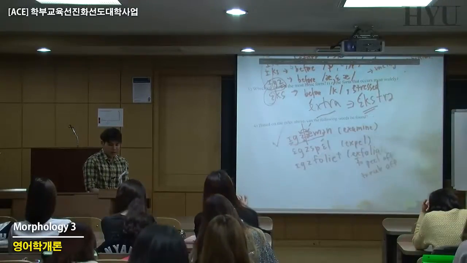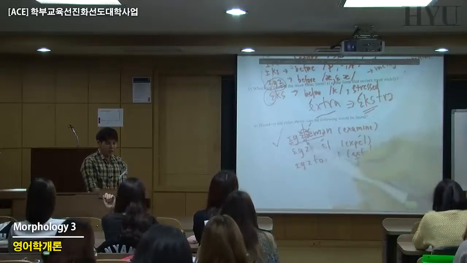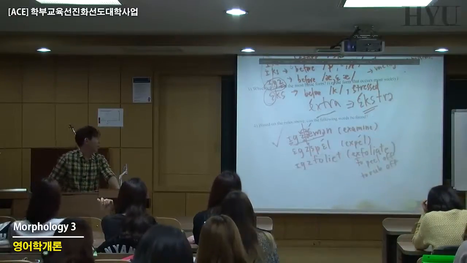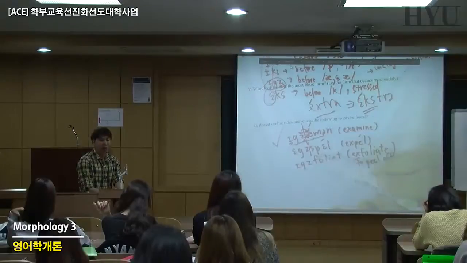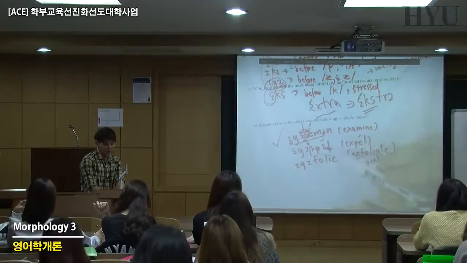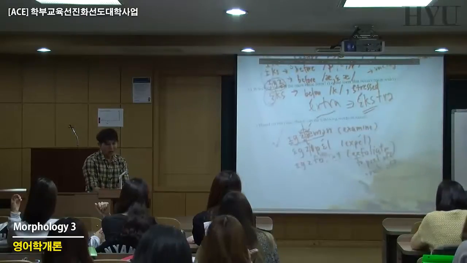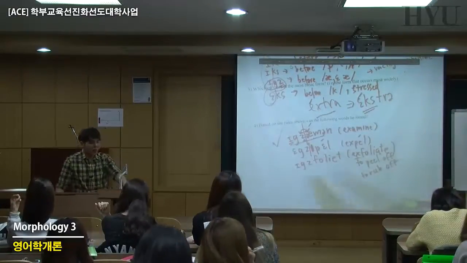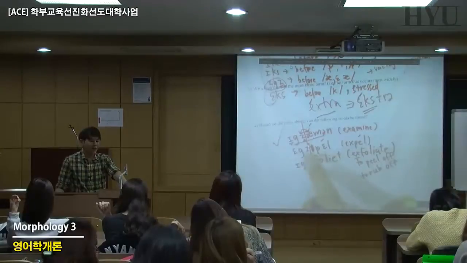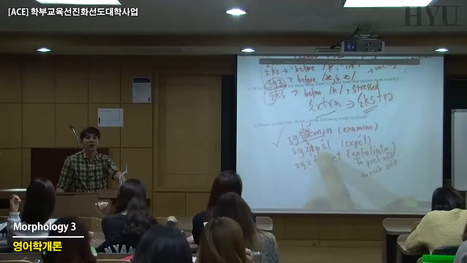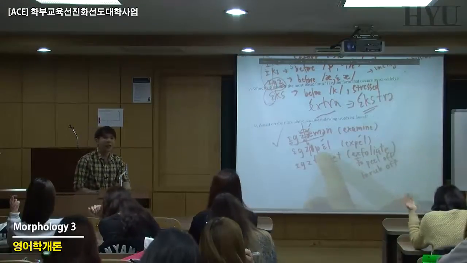The second one, expel. The stress is here on the pel. So does it make sense or not? The word is pel, okay? So does it make sense to have a Z before a P or not, according to the rule that we study here?